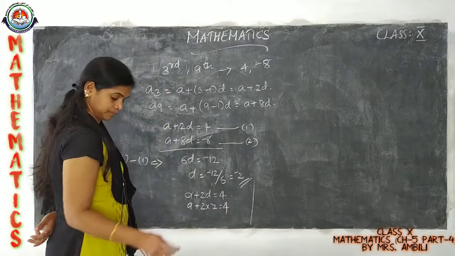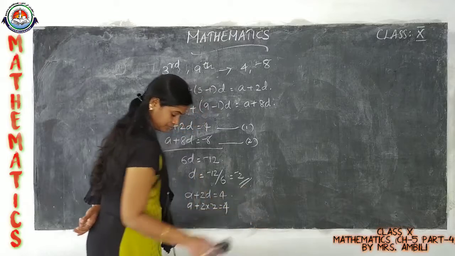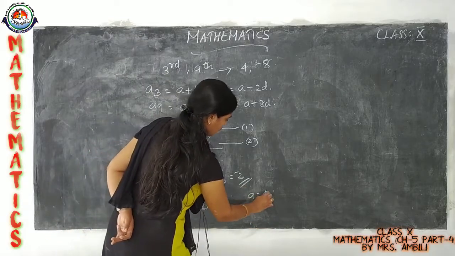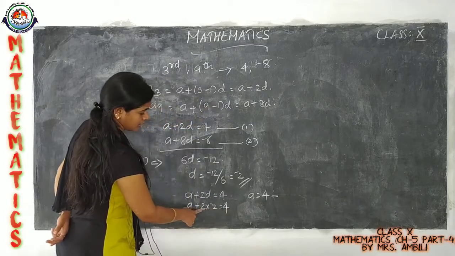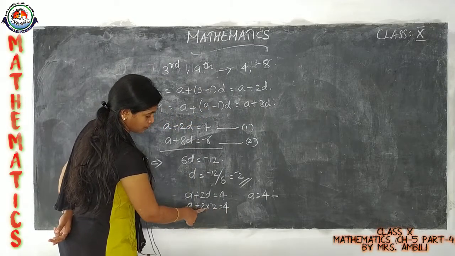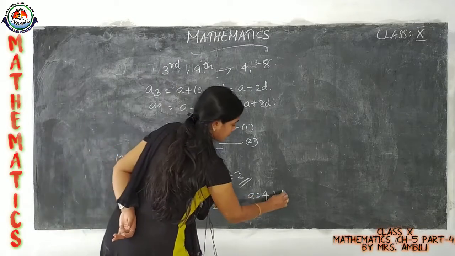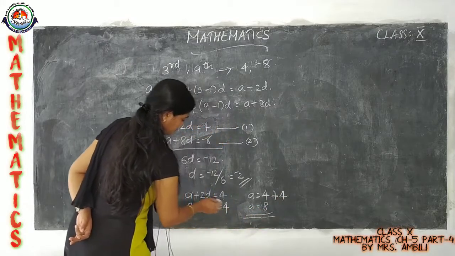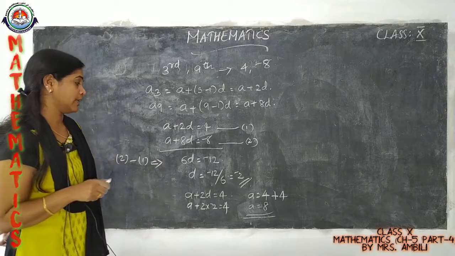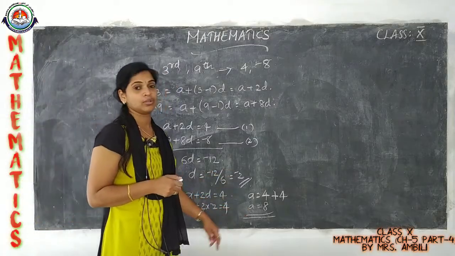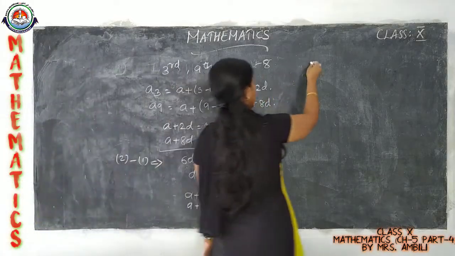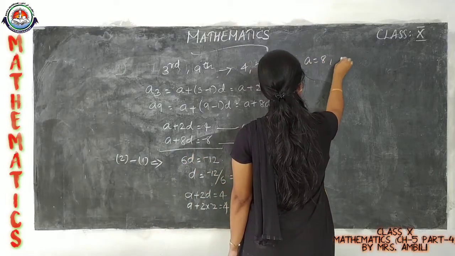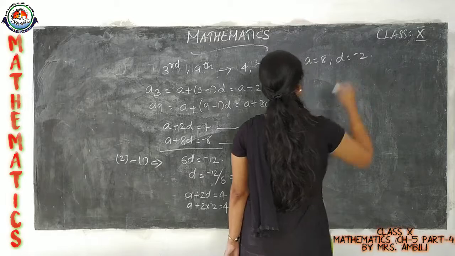Then what is a? a equal to 4 minus, here 2 into minus 2, minus 4. So 4 plus 4, a equal to 8. So now we got d equal to minus 2 and a equal to 8.